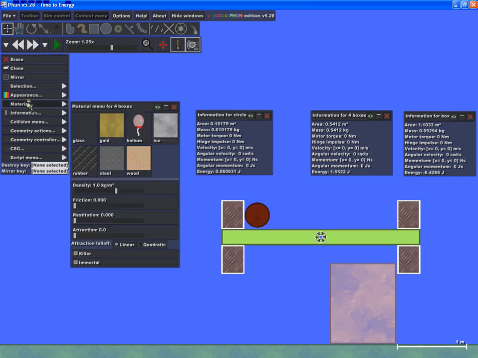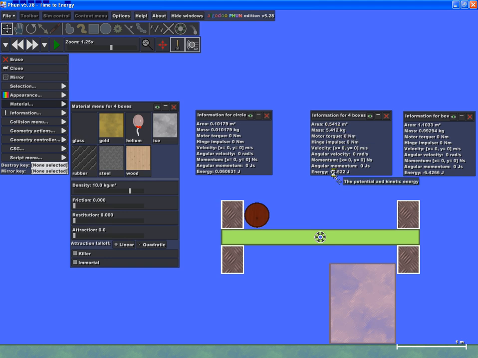So let's reset the system, and this time we'll change our mass density to 10 kilograms per meter squared. Now we've increased our overall mass for the 4 boxes to 5 kilograms. We'll notice that the calculated energy, which is the potential and kinetic energy, is 15 joules. You'll see that increase a little bit as they start moving because of the kinetic energy.